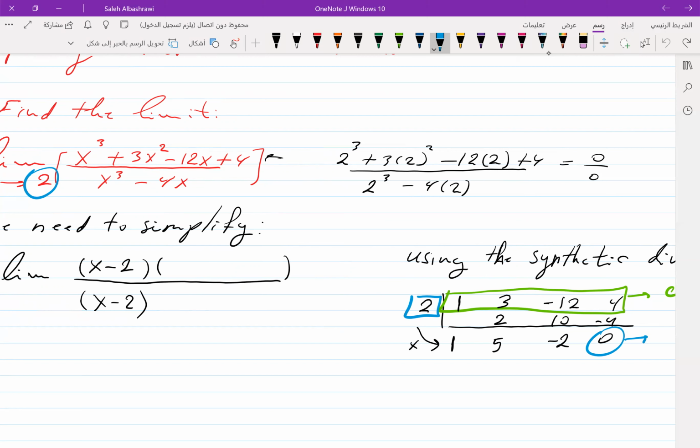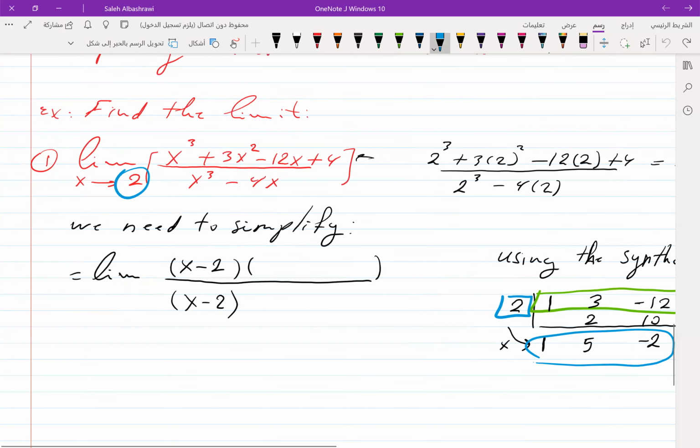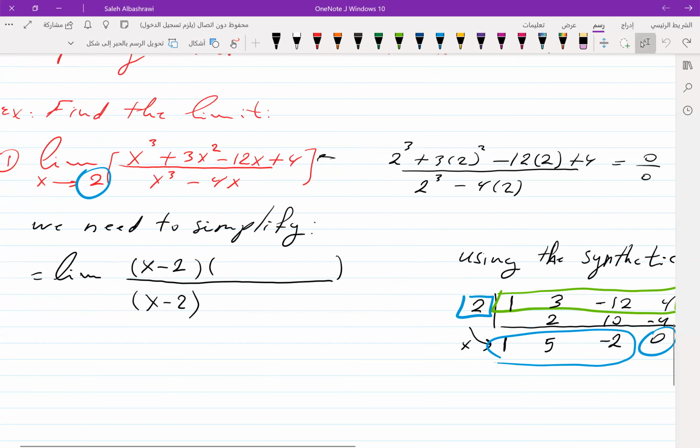Now these, 1, 5, minus 2, will be the coefficients of the second factor, the second bracket. So it will be 1x squared, it is 1 degree less, plus 5x minus 2. So this is the synthetic division. x minus 2 in the first bracket, and the second bracket will be x squared plus 5x minus 2.